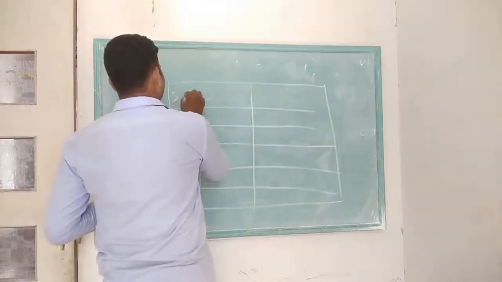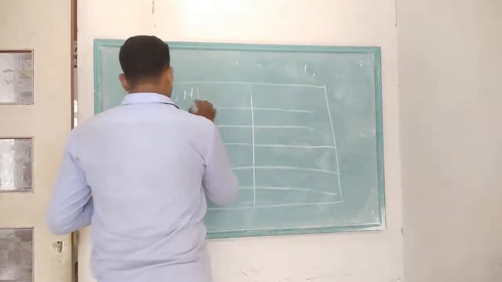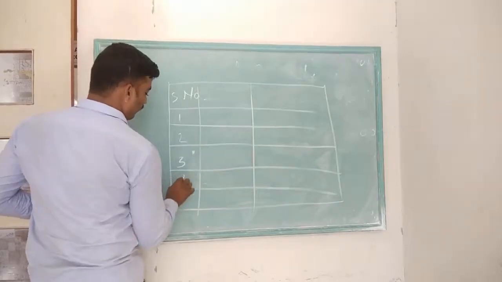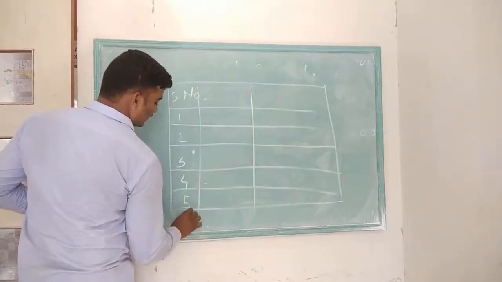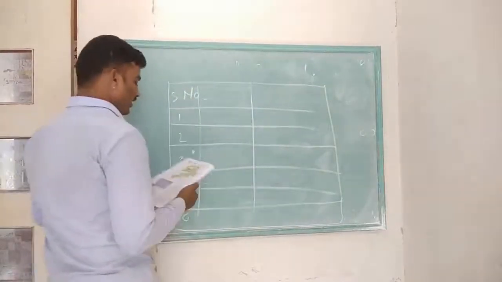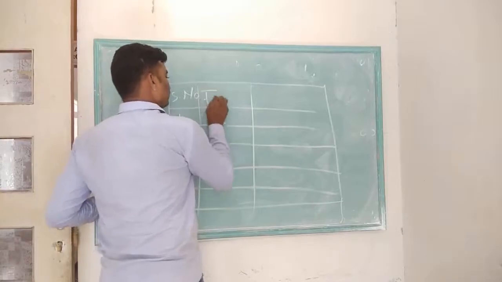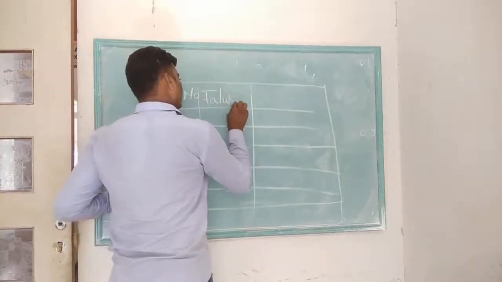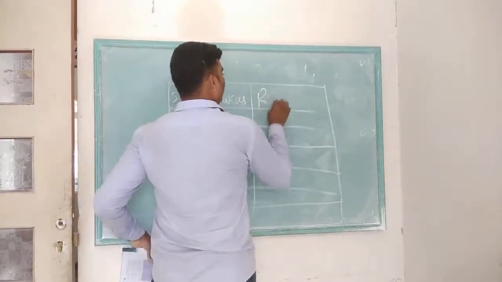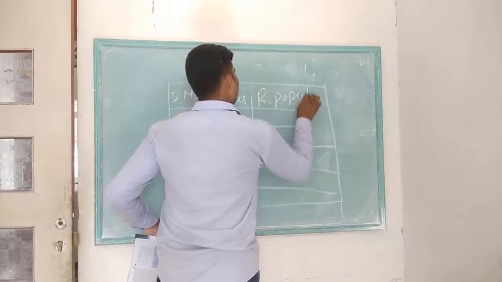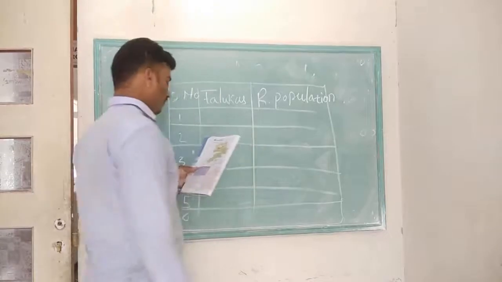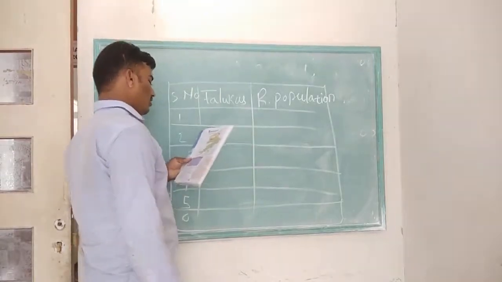Here serial numbers 1, 2, 3, 4, 5 and 6. In these talukas, the rural population. So the first taluka is Akkalkuwa.